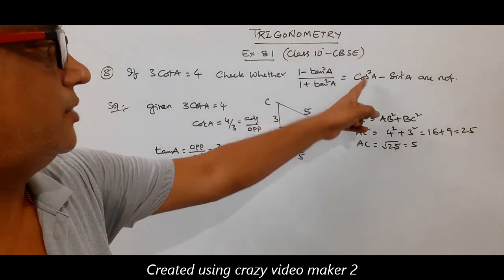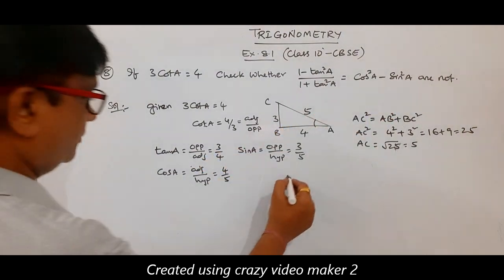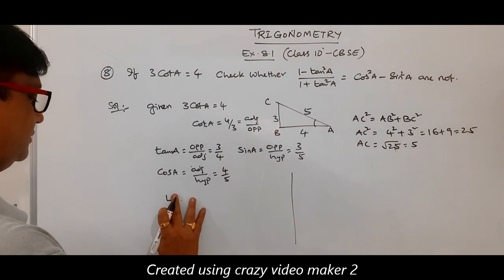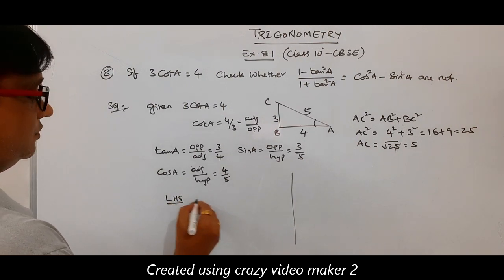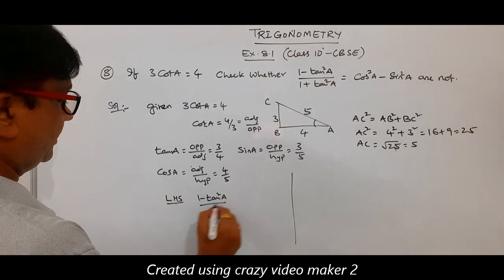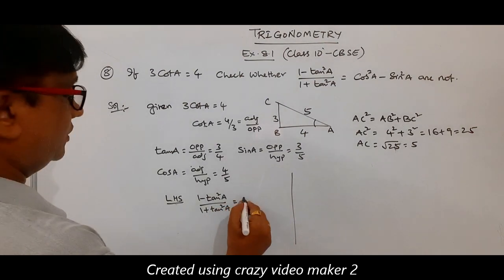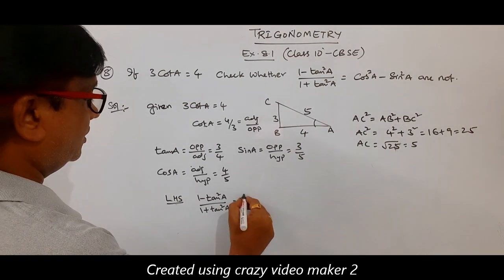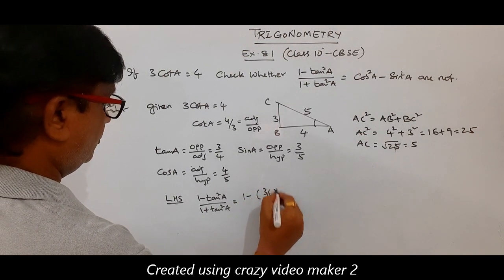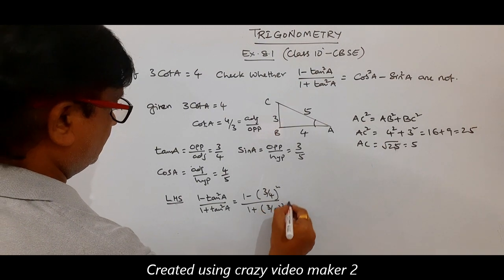Now, the first part: this is the LHS and this is the RHS. We are going to do two parts. The LHS is 1 minus tan square A by 1 plus tan square A. So that is 1 minus 3 by 4 whole square by 1 plus 3 by 4 whole square.